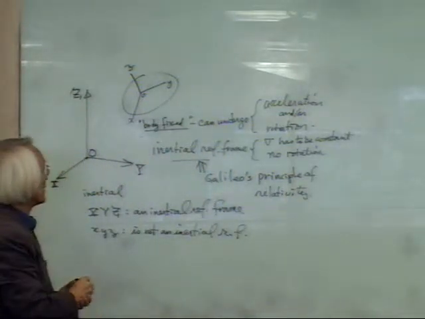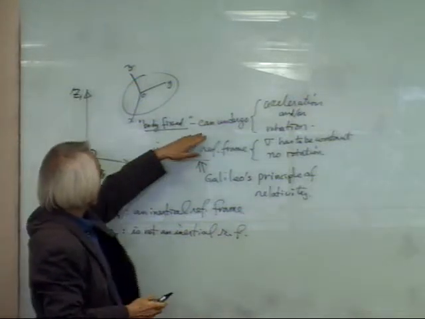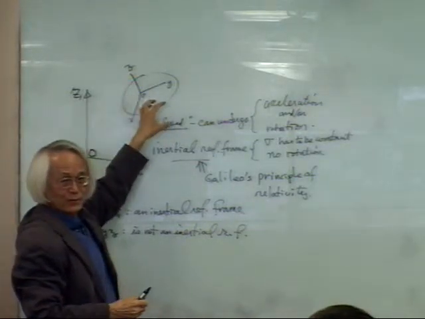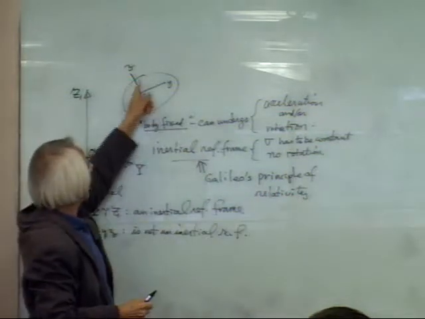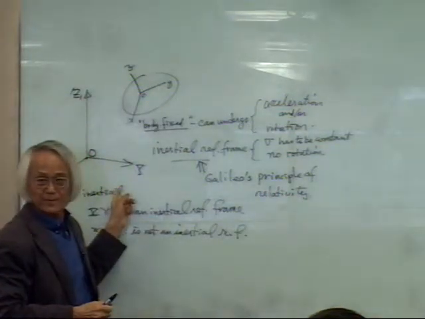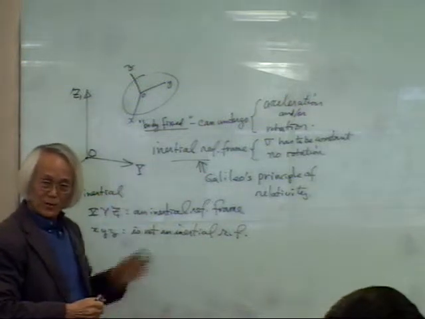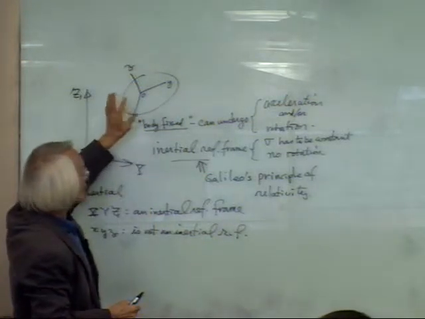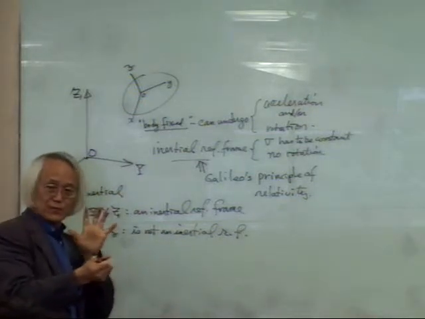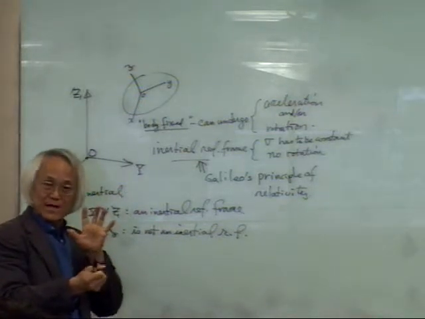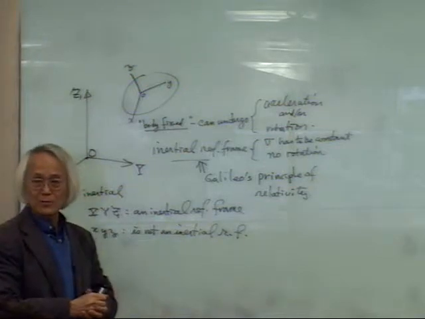Okay? So it's clear that this body can go through rotation for sure, right? The minute it goes to rotation, this frame cannot be an inertial reference frame. So you can write equations of motion on that, but it's really projected back into the inertial reference frame, and then you can write equations of motion.